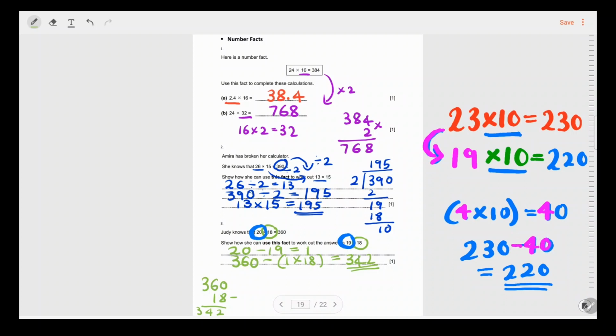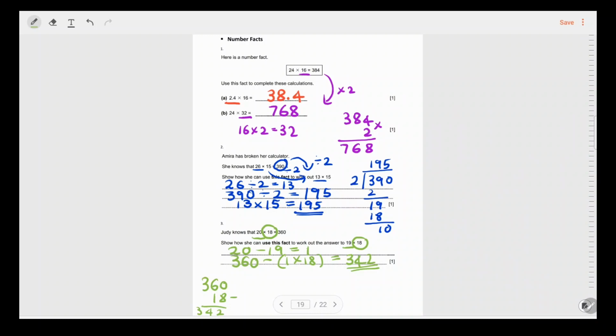And 230 minus 40 is 190, which is the expected answer for 19 times 10. This is why I use the 10 times table, because it's very easy. You know the expected answer. But of course, as you can see in the exam, you are not really given the 10 times table. You're given something like the 18 times table.